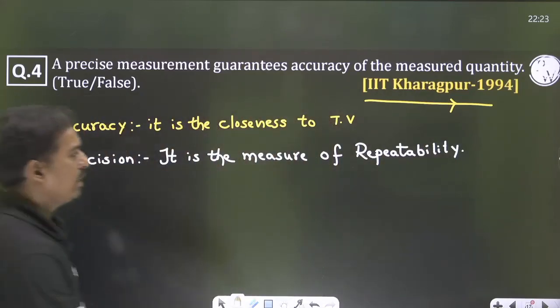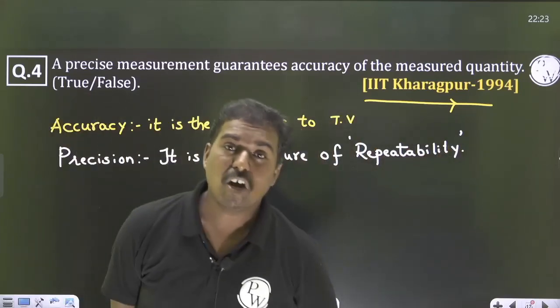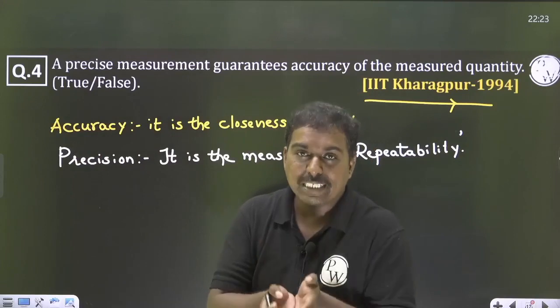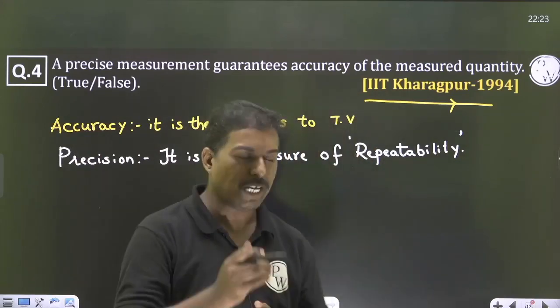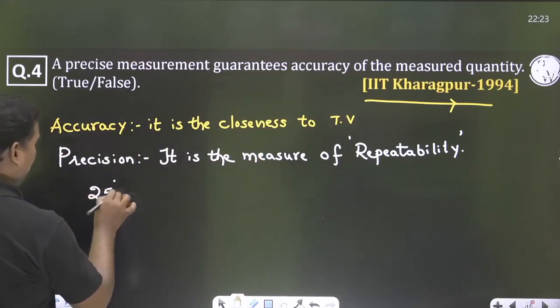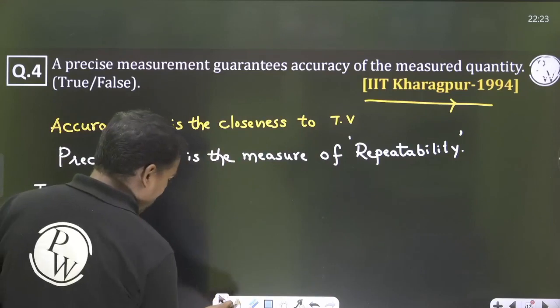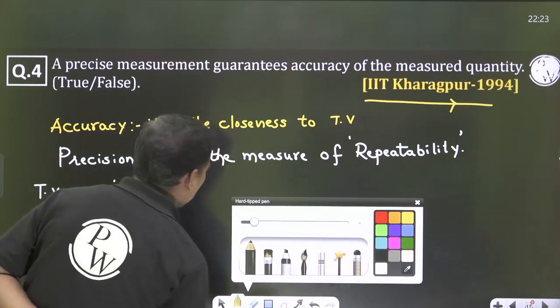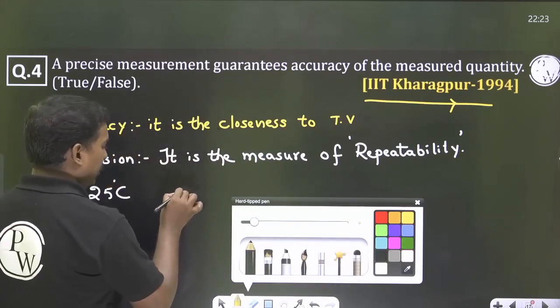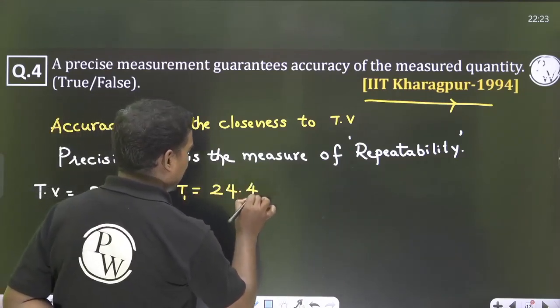Try to understand: it does not mean it should be true, but it is the ability to repeat the same value. For example, the true value of temperature is 25 degrees Celsius. You are doing an experiment with the thermometer, and the first reading, T1, you got as 24.4 degrees Celsius.